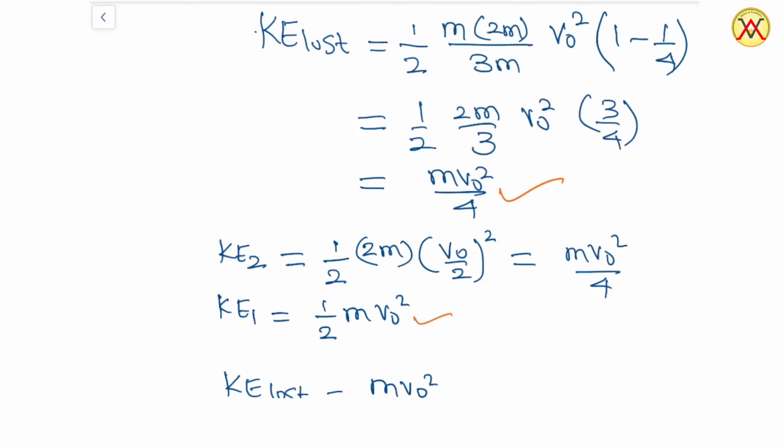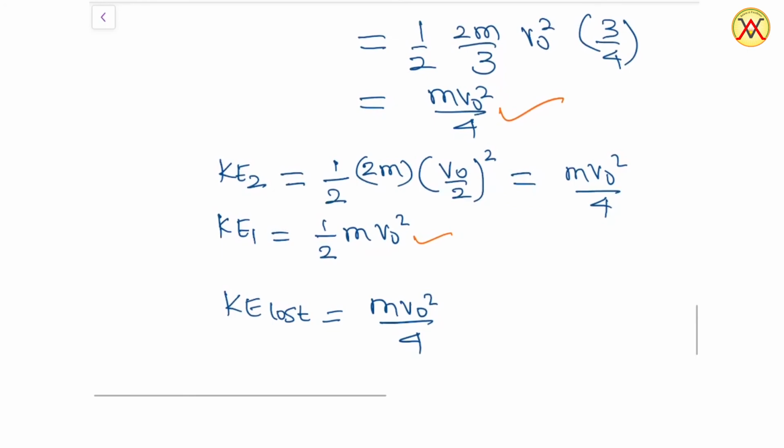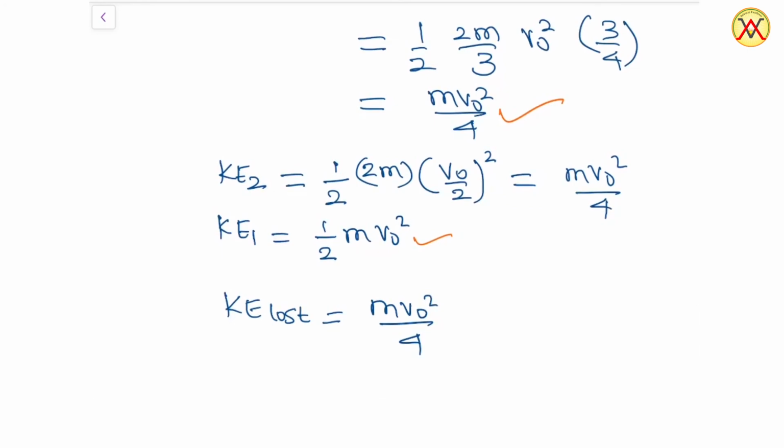So the kinetic energy loss equals half m v0 squared minus m v0 squared by 4, which comes out to be m v0 squared by 4. The kinetic energy loss found by the two methods, the simple method and the expression of kinetic energy loss, is exactly the same. Thank you, my friends.